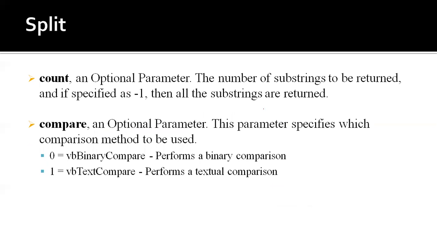It is the number of substrings to be returned, and if specified as -1, it means all the substrings are to be returned. Compare is again an optional parameter which specifies which comparison method is to be used. 0 indicates perform a binary comparison, and 1 indicates the textual comparison.